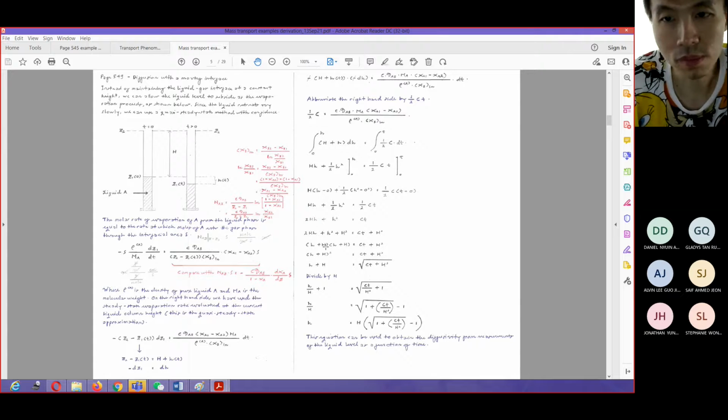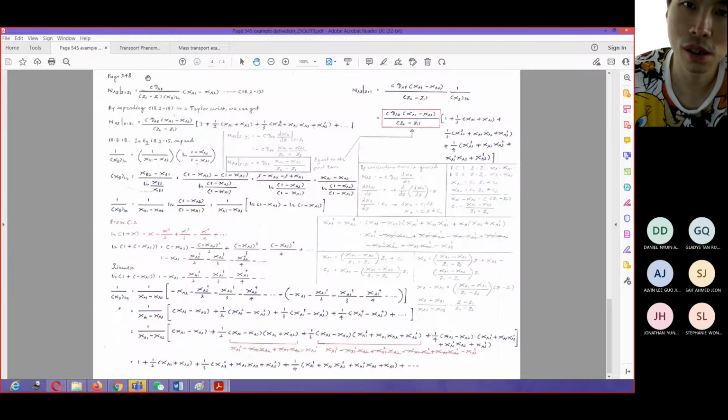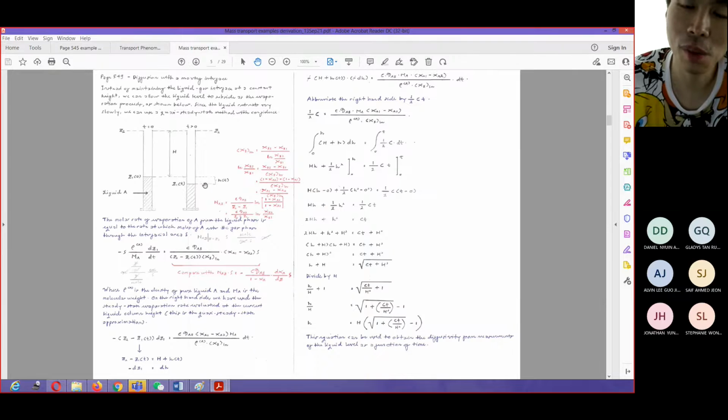Now, in the beginning, we already have the expression for the molar flux of A at Z equals Z1. As a chemical engineer, we can also devise another scenario where we have diffusion with a moving interface. So instead of maintaining the liquid-gas interface at a constant H, we can consider that the liquid level may vary.